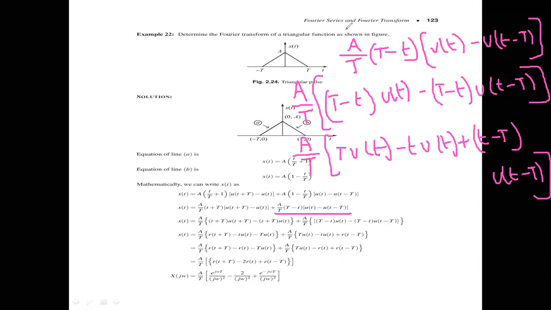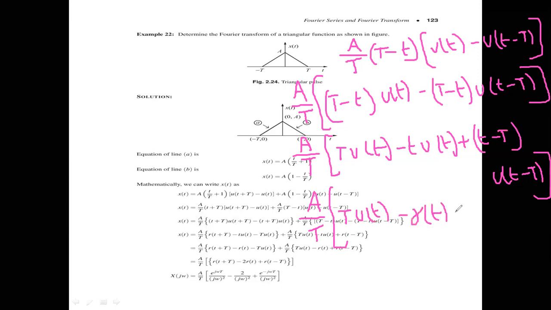Now, a by t. T is a small and capital letter only, the t mu of t minus, we know that t into mu of t is r of t, my dear students.